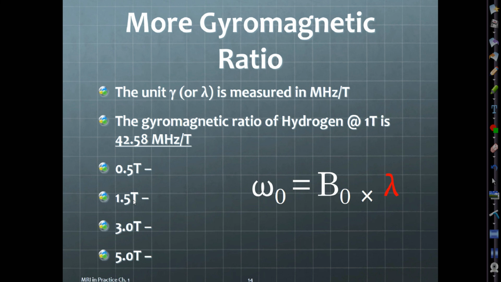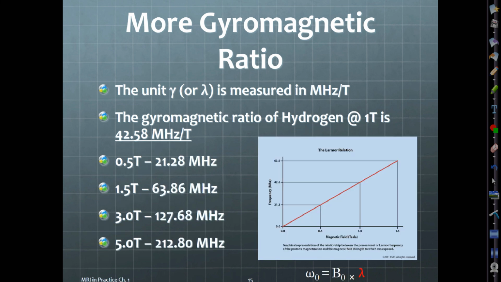Good. All right. 1.5 times 42.58. 63.87. Good. 3 Tesla times this number. 127.74. And then the last one, 5 Tesla times the gyromagnetic ratio of hydrogen. 212.9. Good. So it's on the next slide.